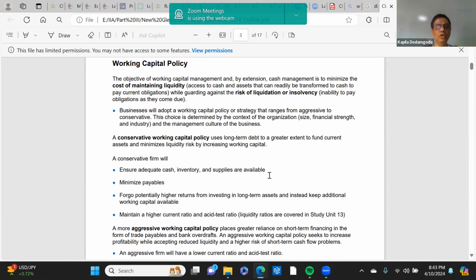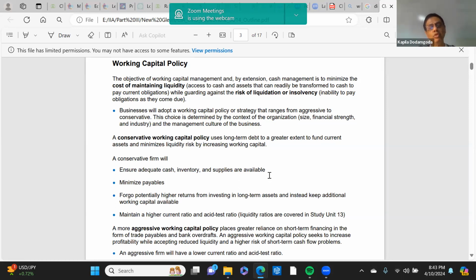And also you have enough inventory, so that whenever required, your outlets or your channels can be filled with the finished goods, and also enough supplies are available. So you are very conservative. You don't want to lose on any of these places.